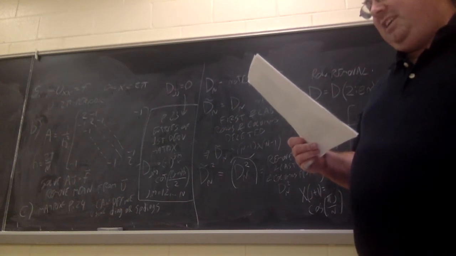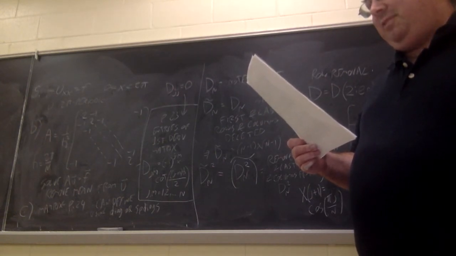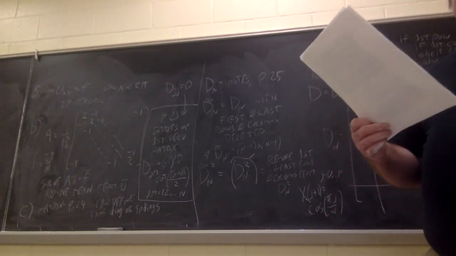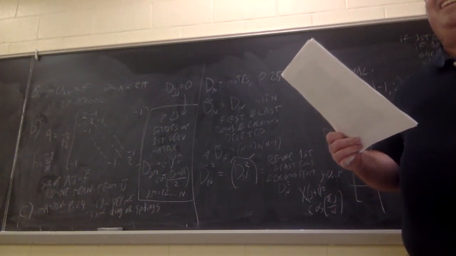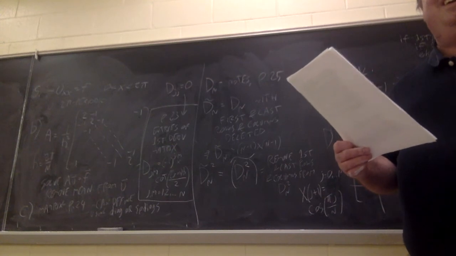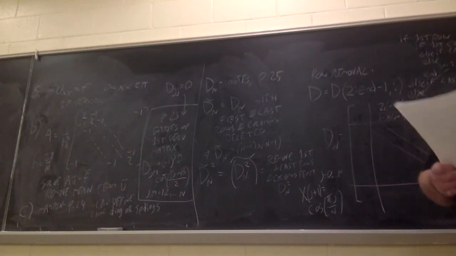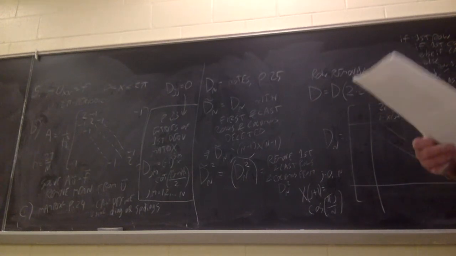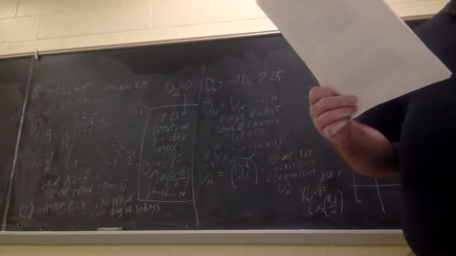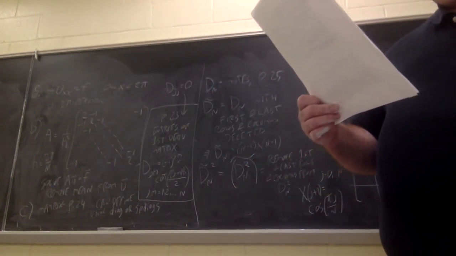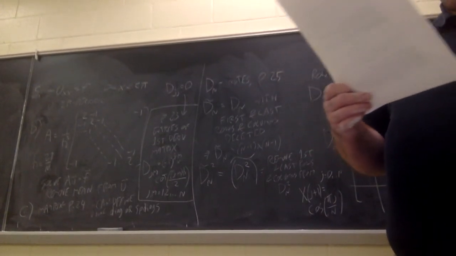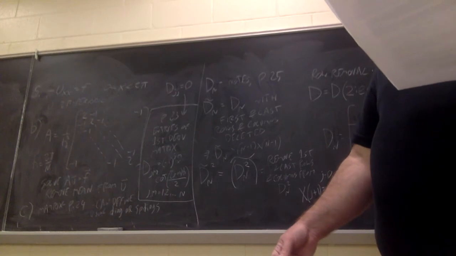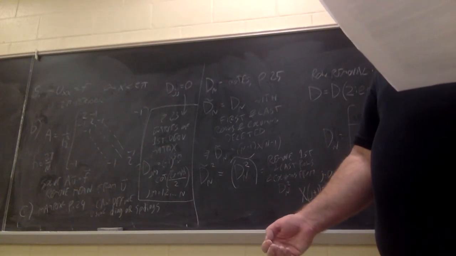The other one, you're going to hate me for this one. It's a piecewise function. Your faces say it all. Well, it gets worse. It's a function defined in two pieces.